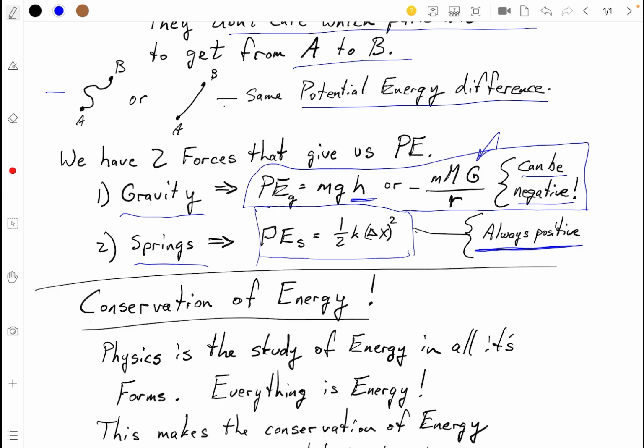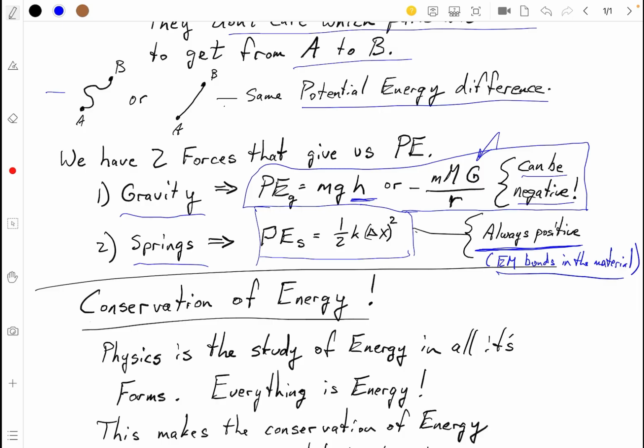Oh, the reason springs are springs, don't tell anybody this, is because of the electromechanical bonds in the material of the spring. So, secretly, this is a secret, it won't be on the test, don't worry.